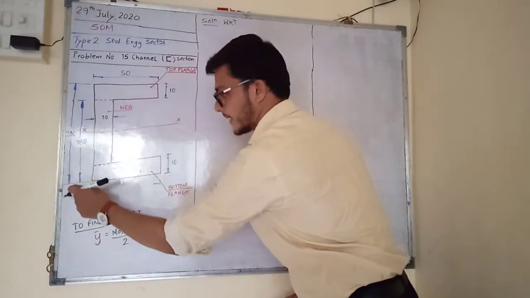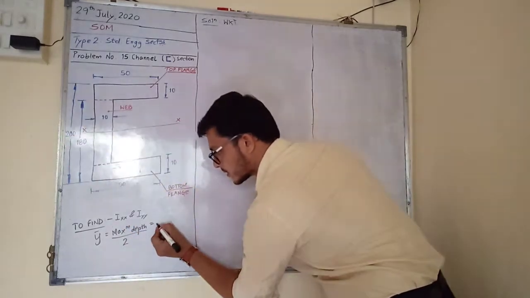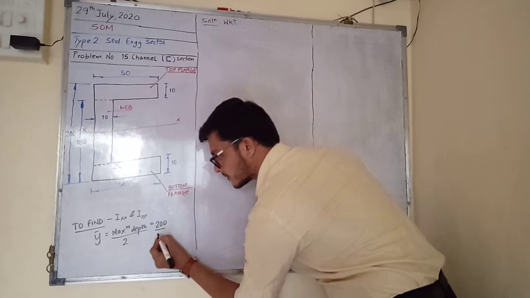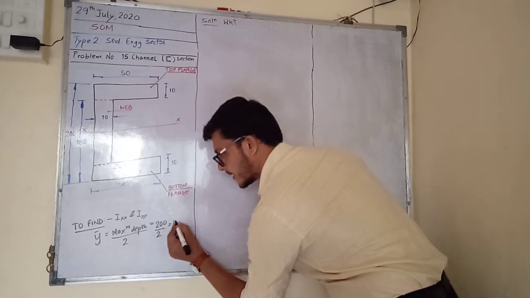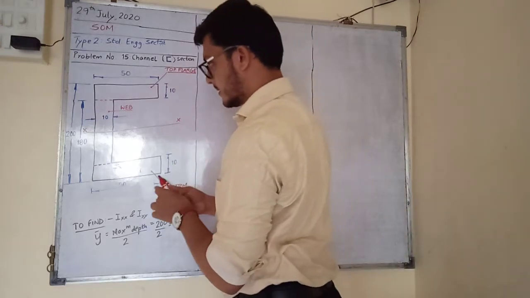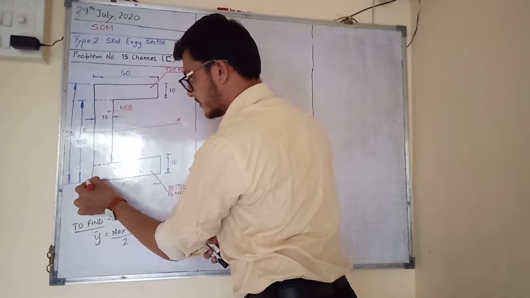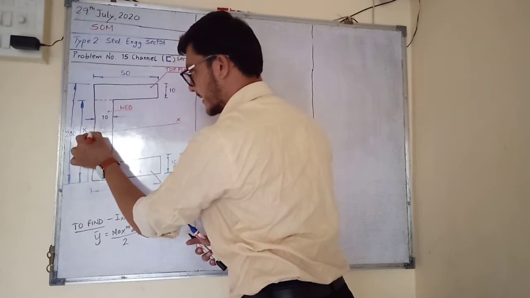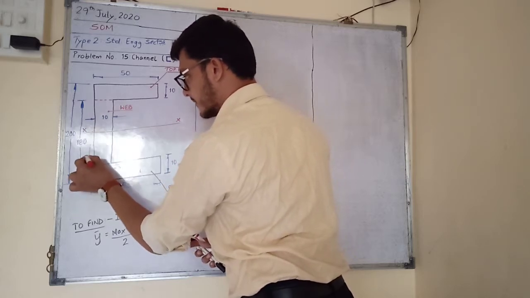So overall depth or maximum depth is 200. So 200 by 2 is 100 mm. This is y bar, the distance from the bottom reference axis to this axis.